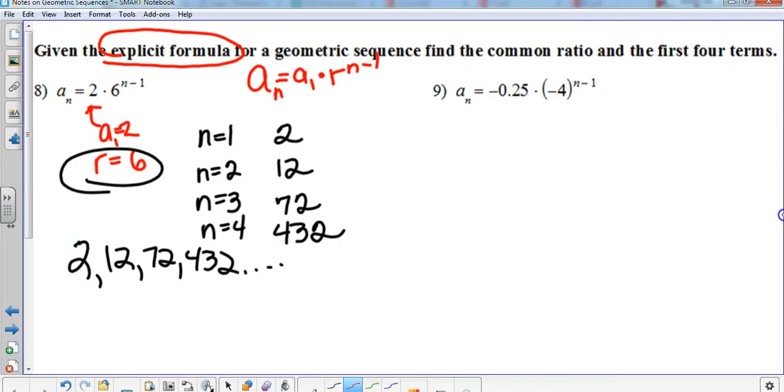All right, this one seems like it should be simplified. Can we simplify this? This is a negative 1/4 times a negative 4 to the n minus 1 power. Does that simplify? Okay, you can't do anything to these because this one is to an exponent power.